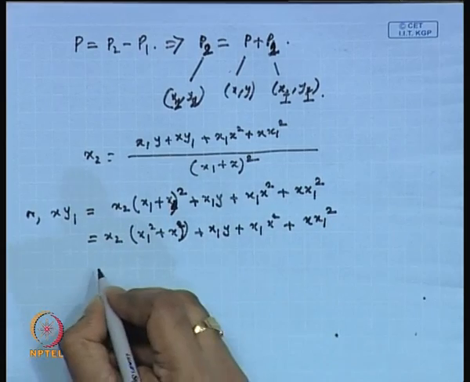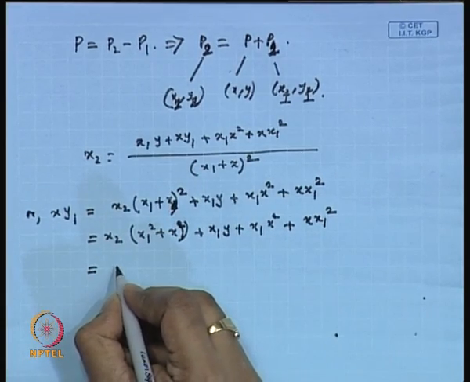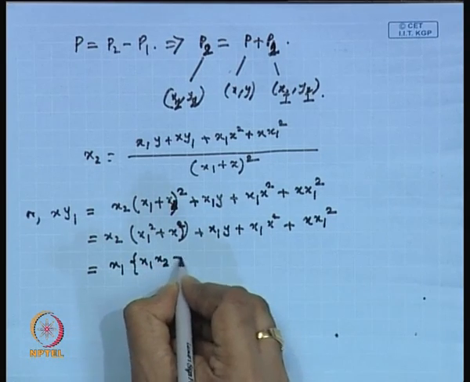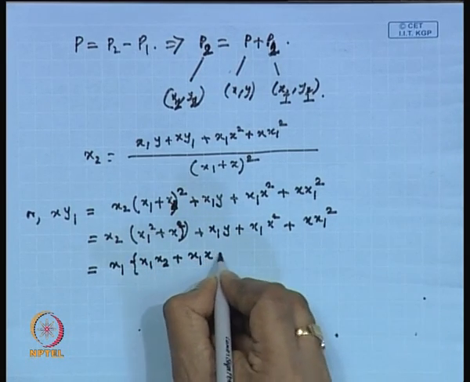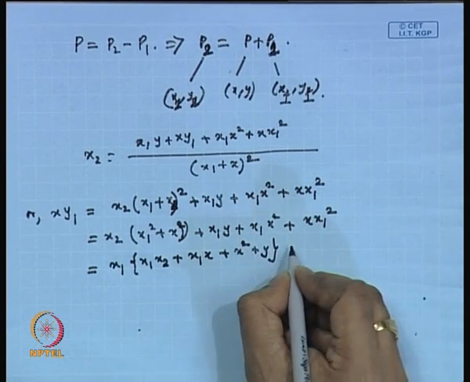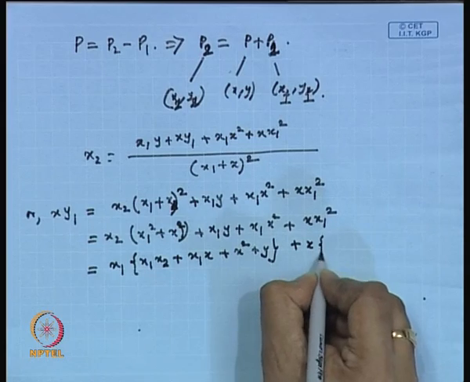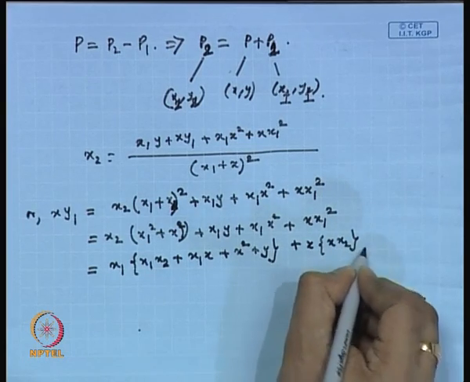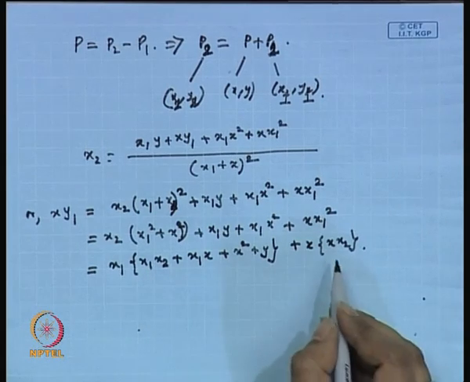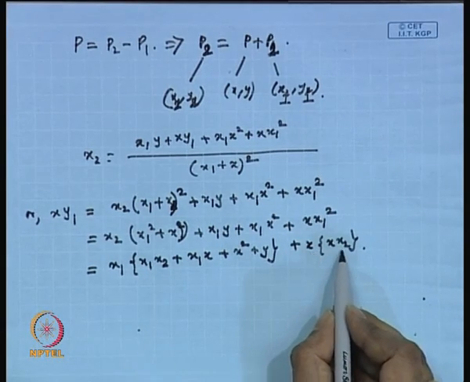So, now you can actually take out from here a common x 1 and write it as x 1 times (x 2 plus x 1 x plus x square plus y), okay, plus x into x 2. So, that is nothing but here x square into x 2 has been written in this fashion.